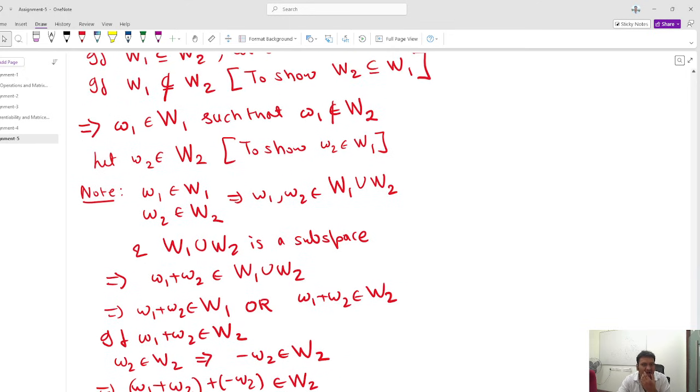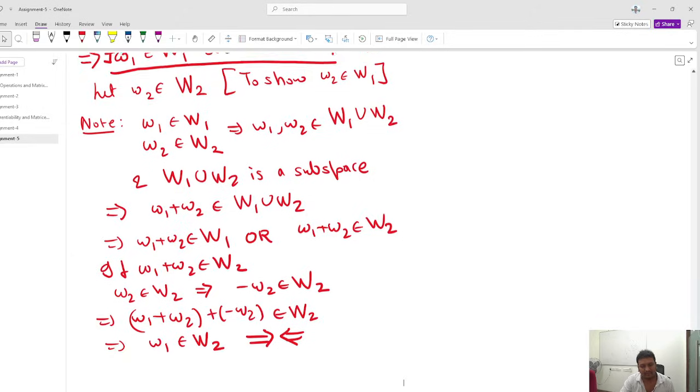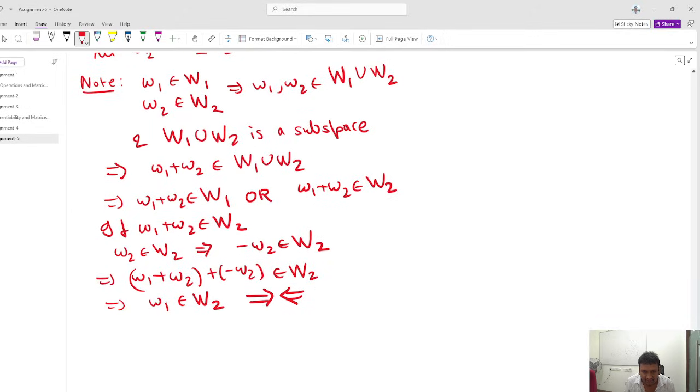Why is this a contradiction? What is the w1? So this implies there exists a w1 in W1 such that w1 does not belong to W2. So it is a contradiction to star, right? Contradiction because of star. Okay, so what does this imply, guys?